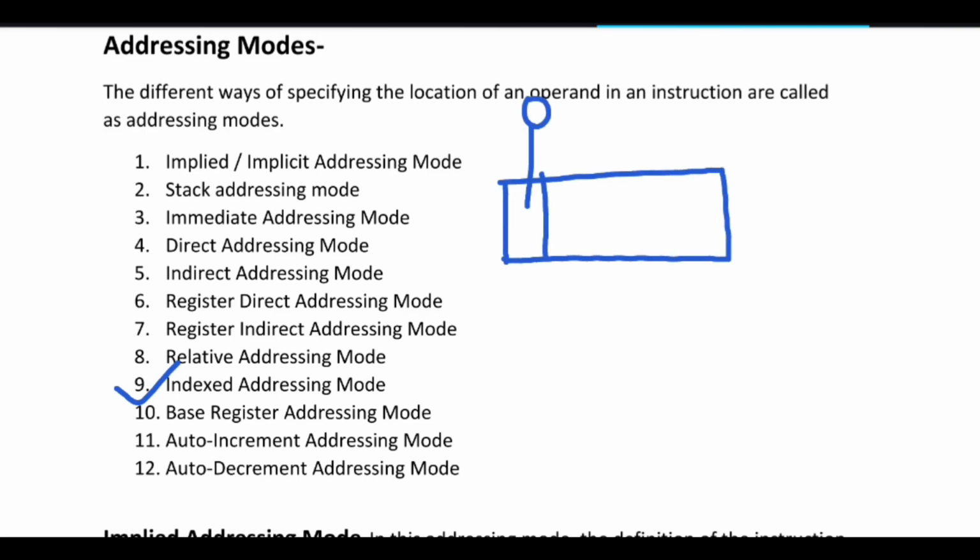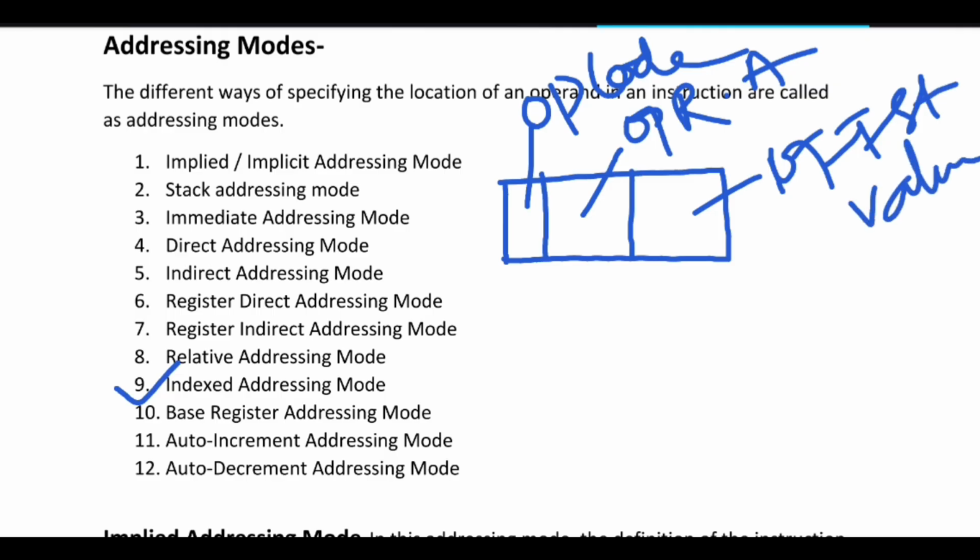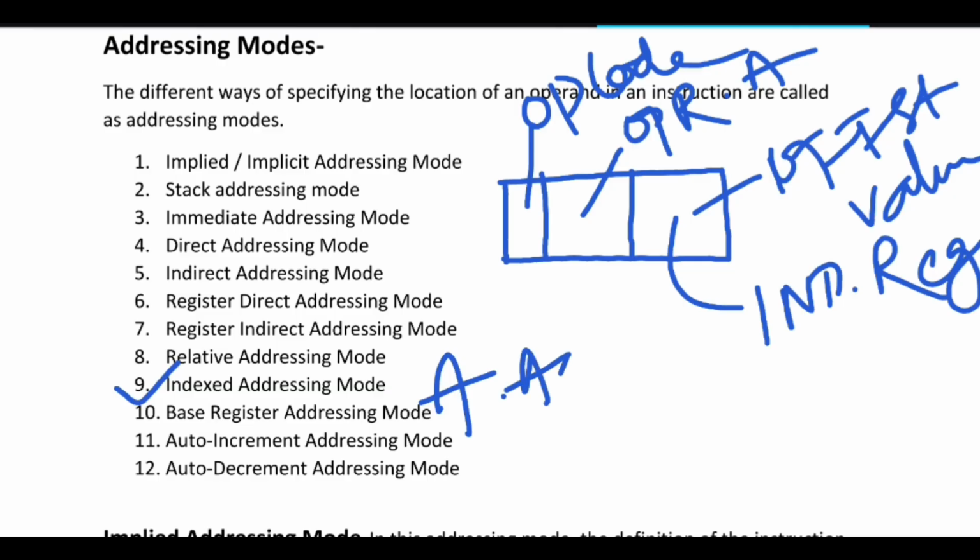This is the opcode, and this is our operand a, and this is an offset value. This is also called the index register. Then what happens? We have operand a's address, and we have to find b's address.